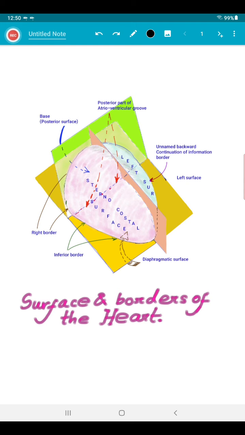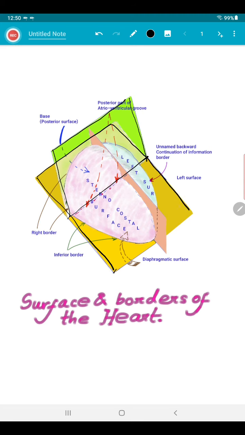Now here I have depicted a 3D schematic diagram. I have tried to draw a 3D schematic diagram of the human heart. It is very much schematic, so I will first make it clear to you. There are two planes you can see. One is this green vertical coronal type plane, and another is this yellow horizontal plane, which is disposed almost at 90 degrees to the green plane.